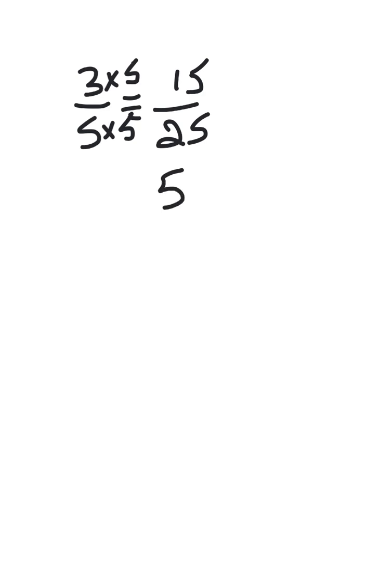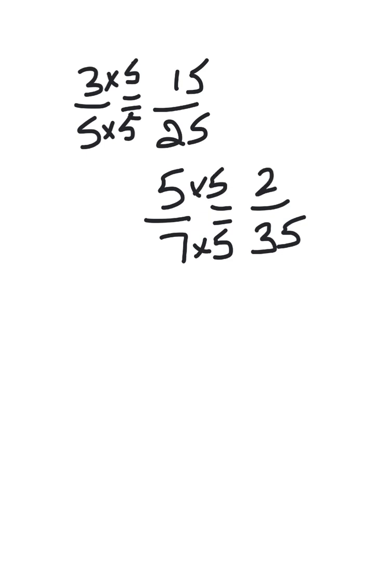So if I wanted 5/7 to some number of 35ths, 7 times what equals 35? 7 times 5 is 35, so you do the same thing to the top. 25/35ths is equivalent to 5/7.